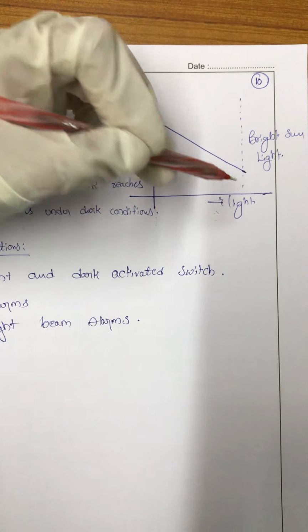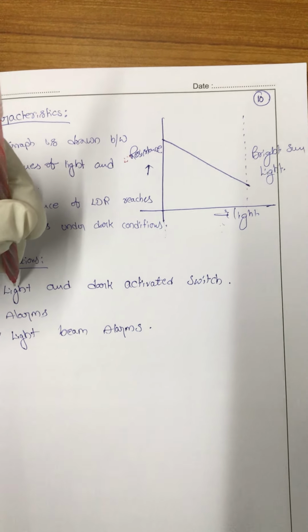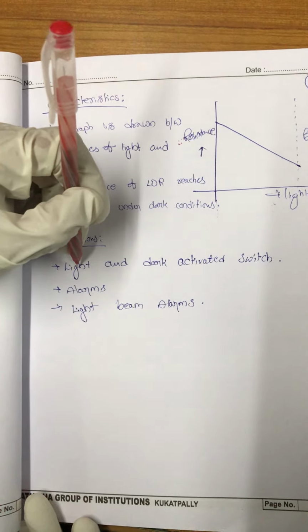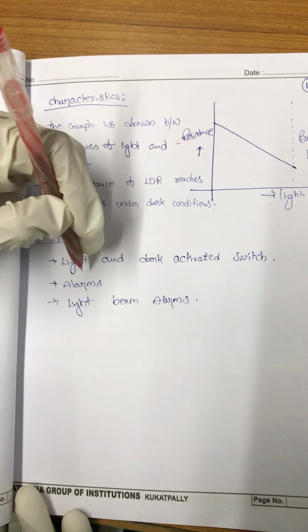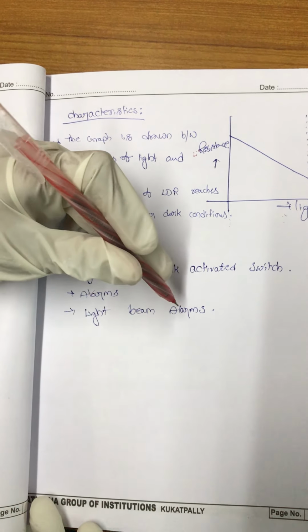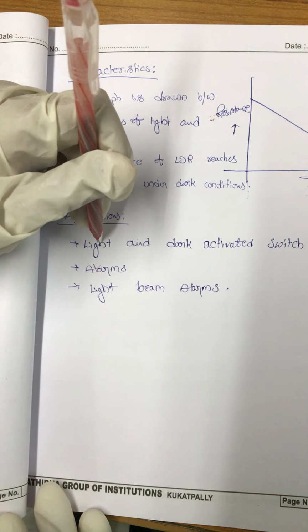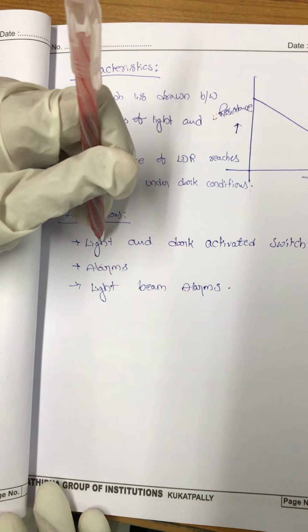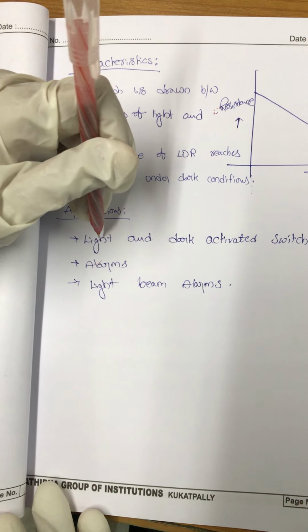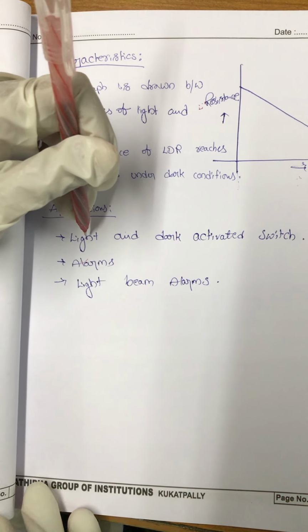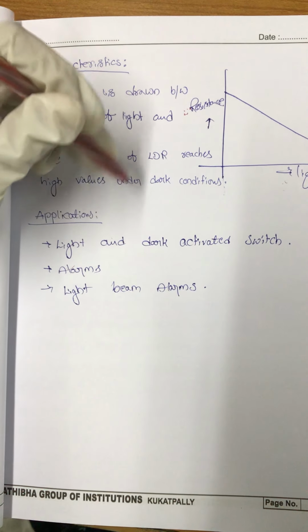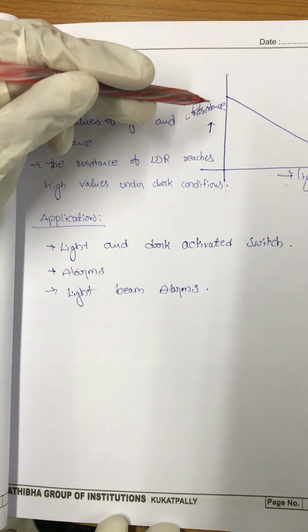For this property, we are using different types of applications, that is light and dark activated switches, alarms, light beam alarms. So in daily applications, we are using LDR mainly in automatic street lights. So automatic street light means in the daylight, the lights are automatically off.